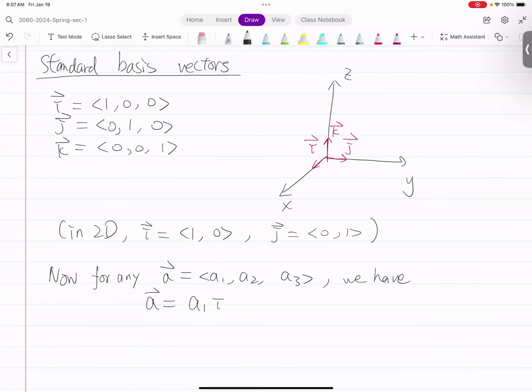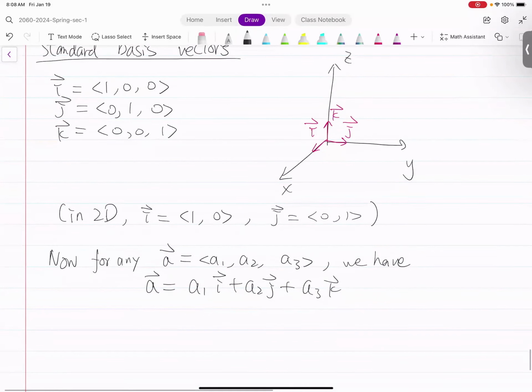It's going to be A1 i plus A2 j plus A3 k. Because essentially the idea is that we are moving along the x direction for A1 units, that's A1 times i, and then A2 is in front of the vector j, that's the second component, and the third component is A3. That's the way I'm moving.